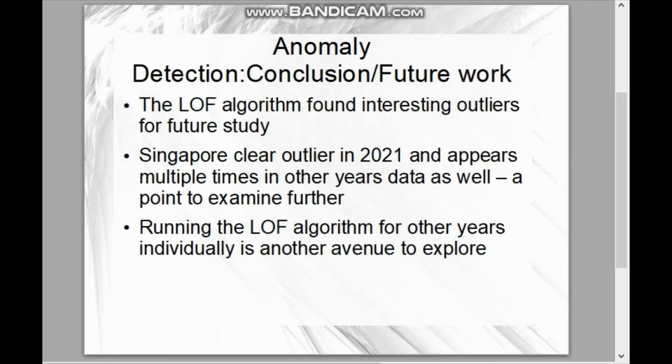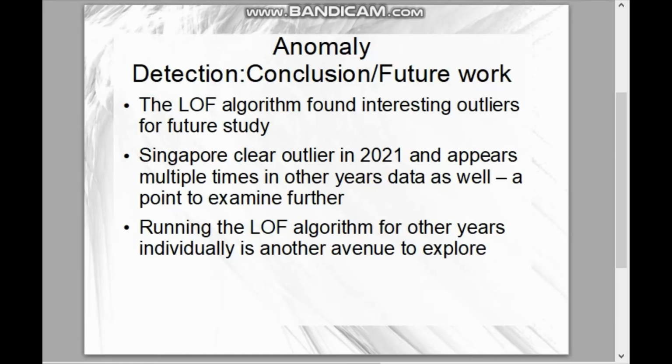Also worth doing would be to run the LOF algorithm for other years individually, because as it was done here, all years prior to 2021 were included in the same data set, and so various years' data were being compared to each other as well as to other countries' observations within that year.